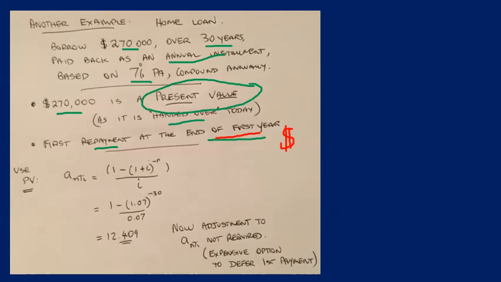Now, with the present value formula down here, we get our A value of 12.409. In this instance, the adjustment is not required. We're going for the more expensive option of loans where the payments are deferred.